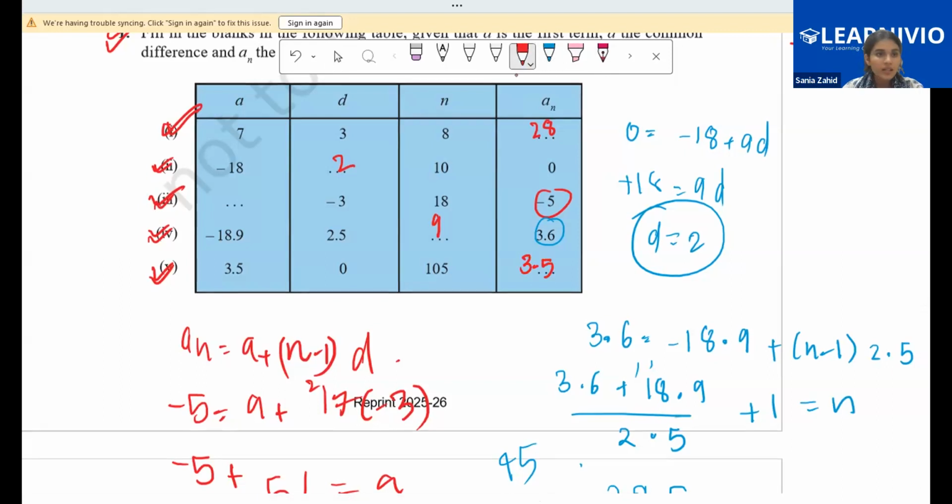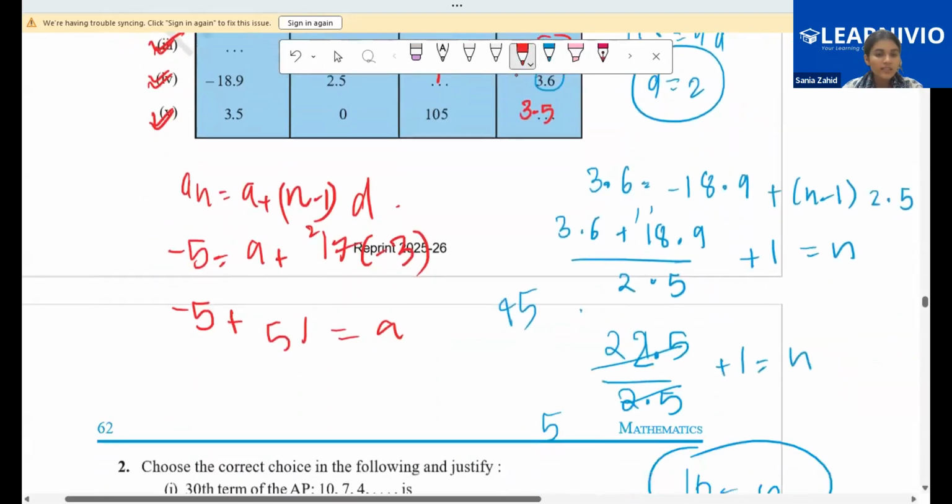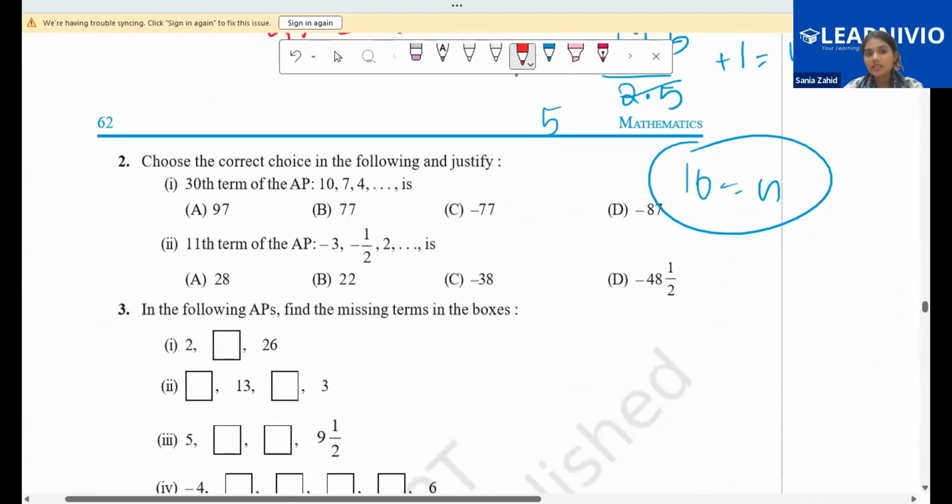Right. Now next is to choose the correct choice in the following and justify. What will be the 30th term if a is 10 and d is minus 3? Tell me the 30th term.